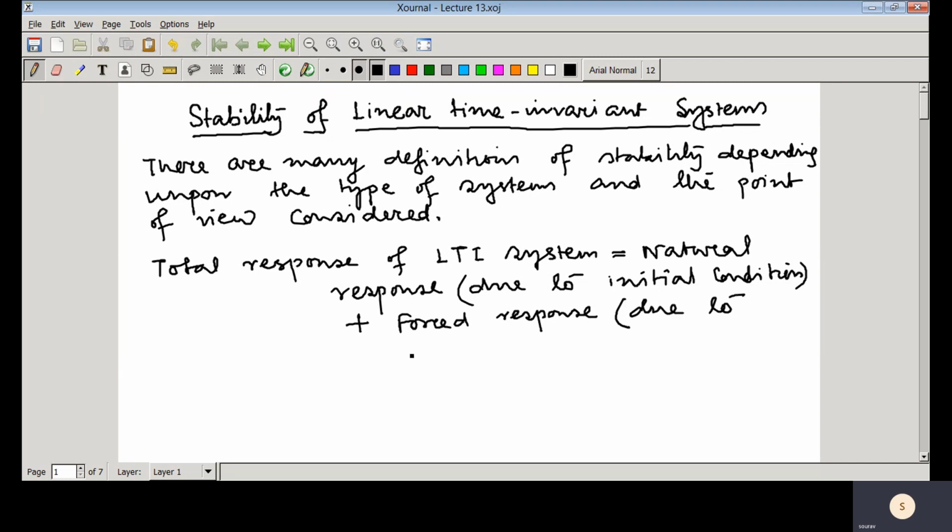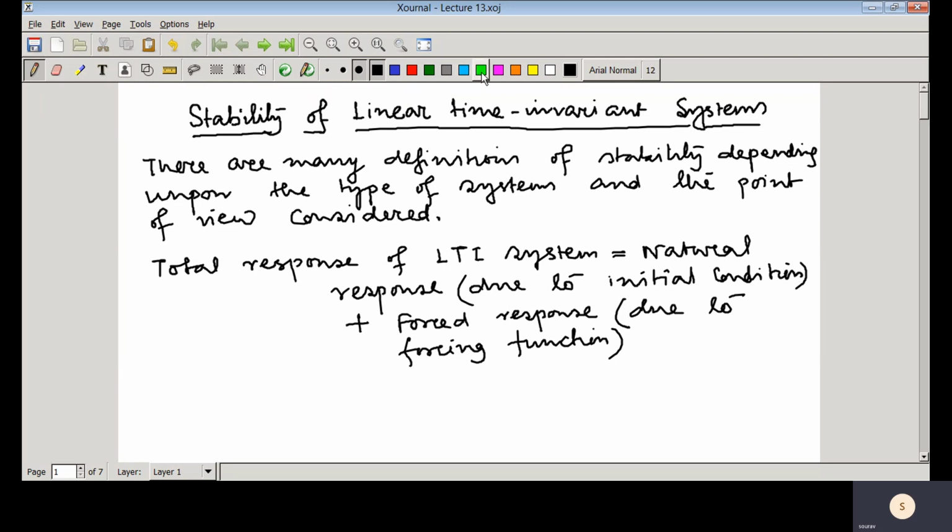So whenever you have one LTI system, the response of that system depends on two factors. One is the initial condition, and the other one is the forcing function that you have applied. From this particular fact, it is now clear that we can see the stability of a system from two points of view. One is the natural response point of view, another one is the forced response point of view.